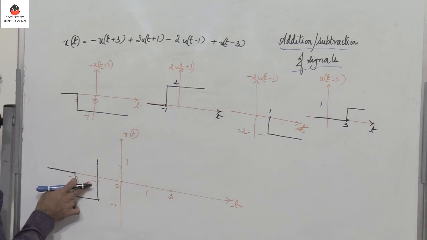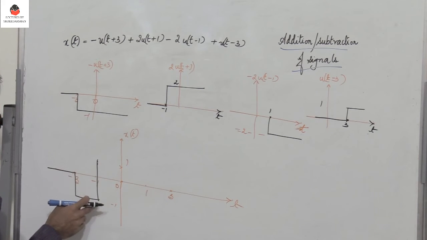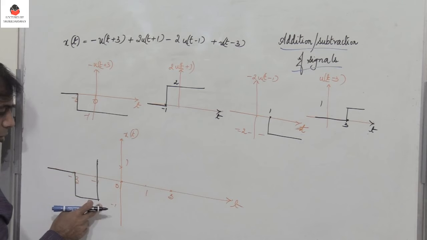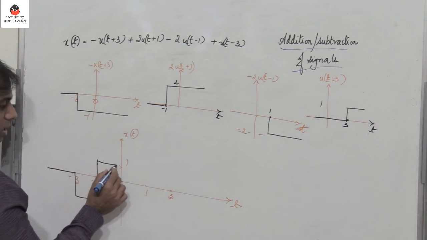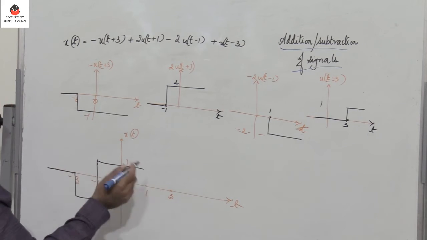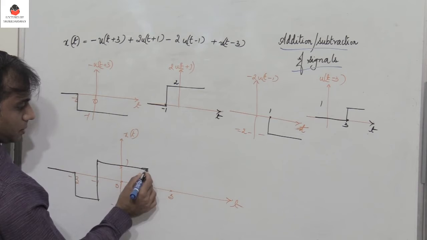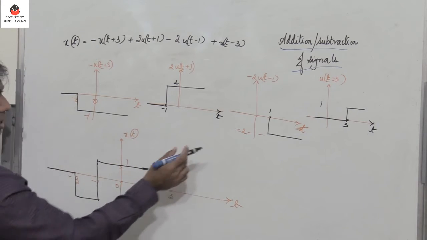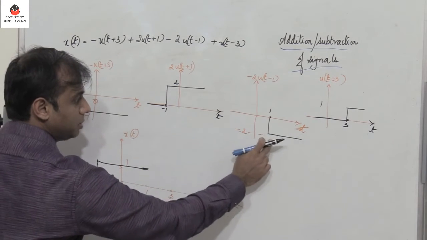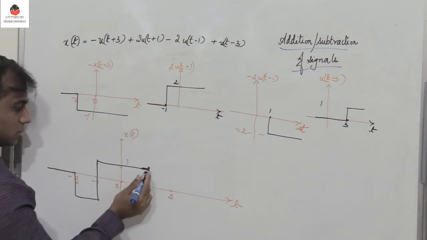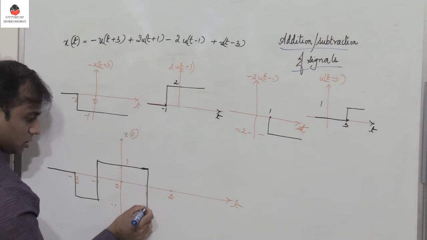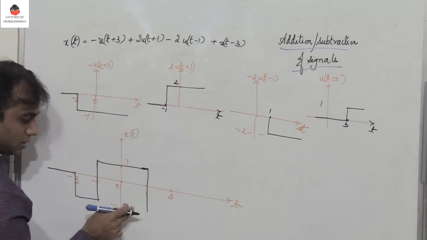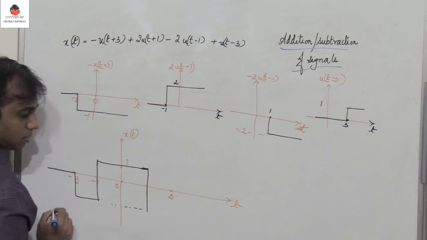So at t equal to minus 1, the signal makes a transition from amplitude minus 1 to plus 1 and remains 1 till t equal to 1. Here the amplitude is minus 2 from t equal to 1. So 1 minus 2 is again minus 1.